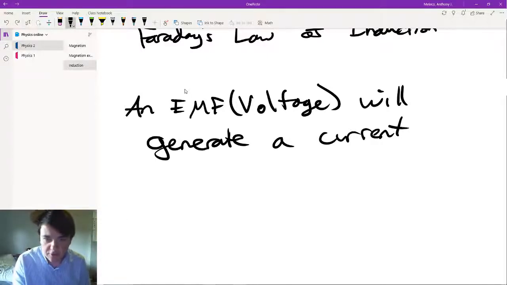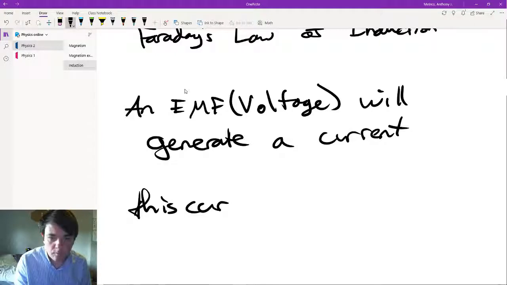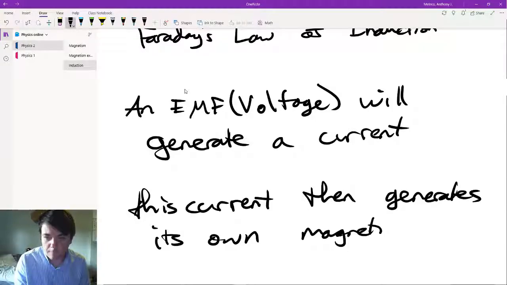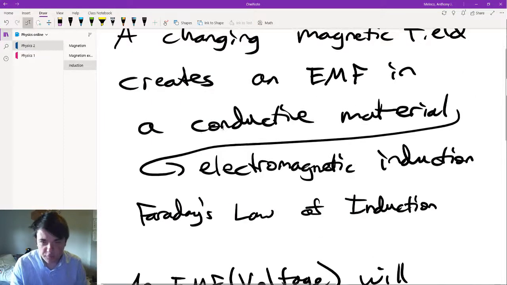And then this current, because it's a current, generates its own magnetic field. So it kind of comes full circle.